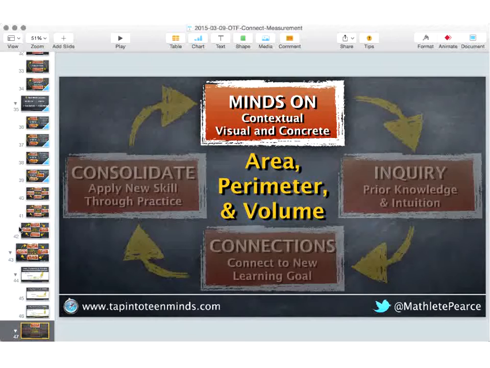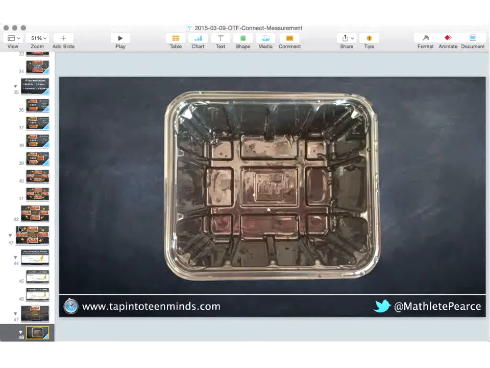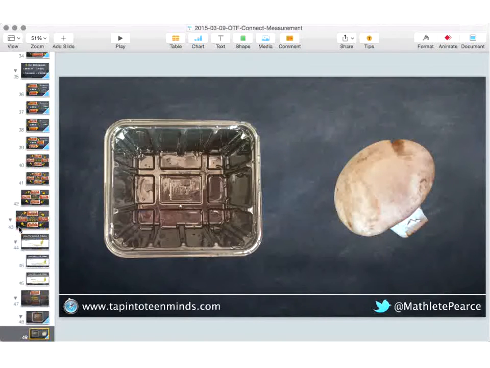So with a minds-on, again, trying to make this visual, contextual, and concrete, we could start with something as simple as what you see here, which is just a simple plastic container that I've used from around my house. A couple of weeks ago, my wife and my daughter were getting ready for dinner, and they were cutting mushrooms.